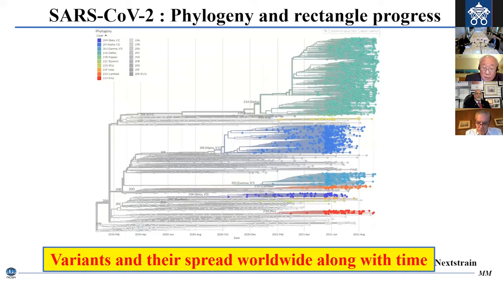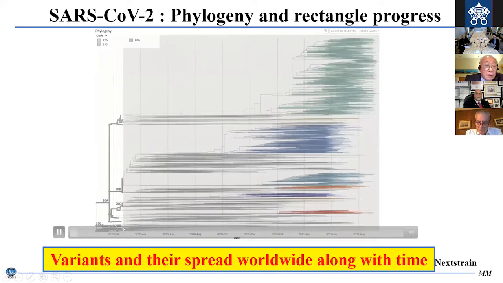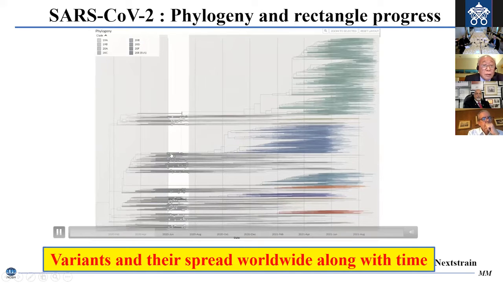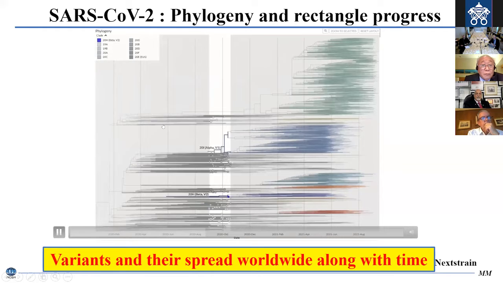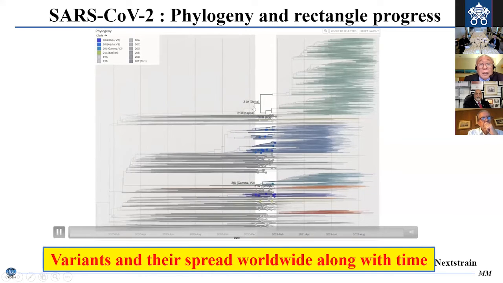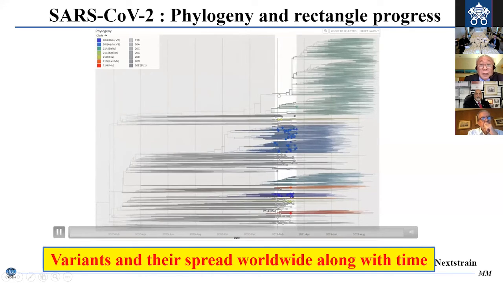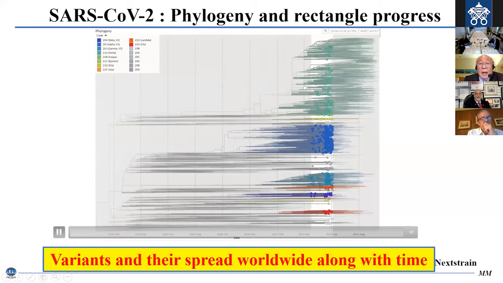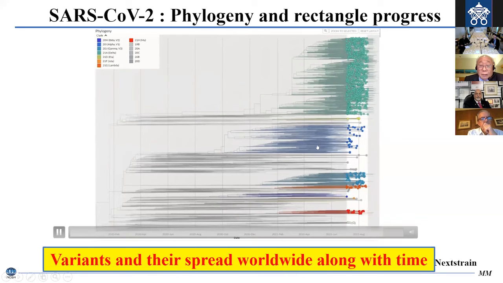One of the data you can see here is the start, and they divided very rapidly and changed. Some succeeded, but you can see the Delta virus coming: the first 3 months are very low, but after that, suddenly they spread all over the world.